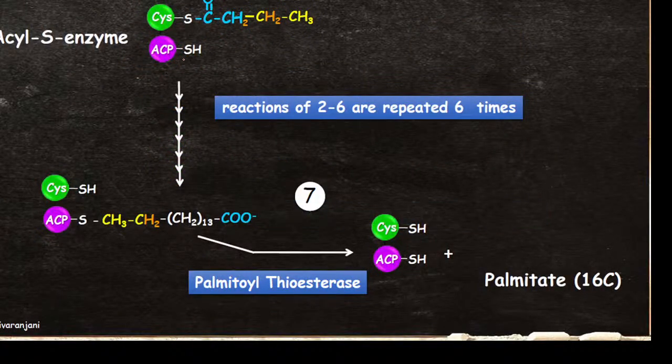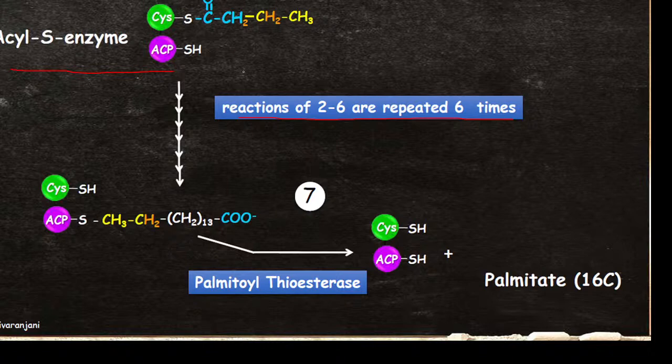After the formation of acyl-S-enzyme, this pathway is repeated, that is, reactions 2 to 6 are repeated 6 more times. At reaction 2, malonyl CoA enters the fatty acid synthesis pathway and gets attached to ACP.